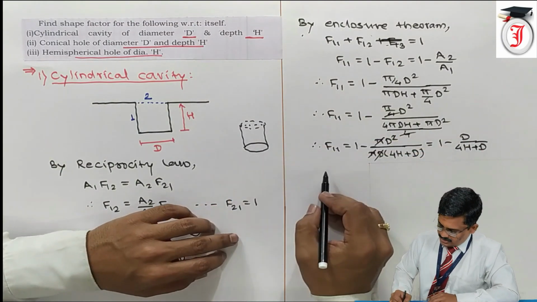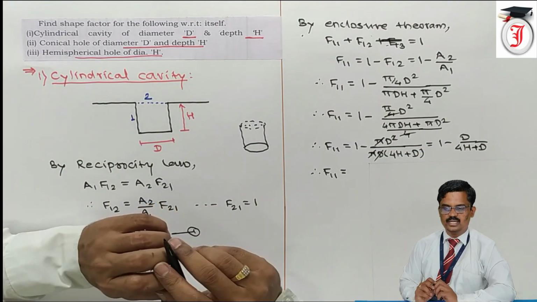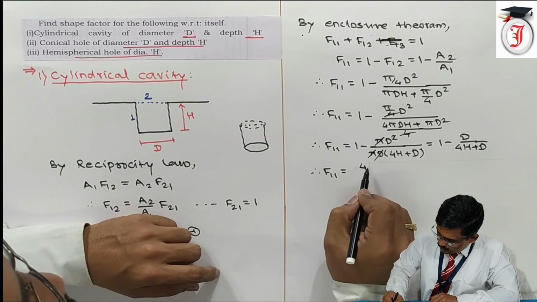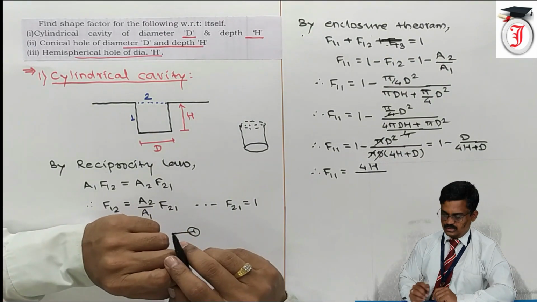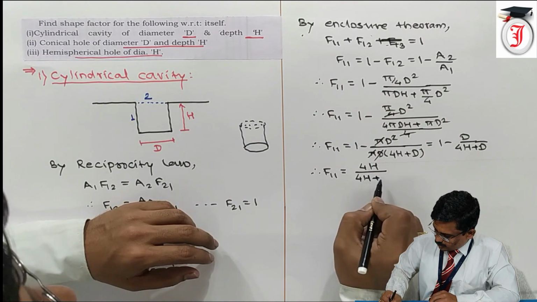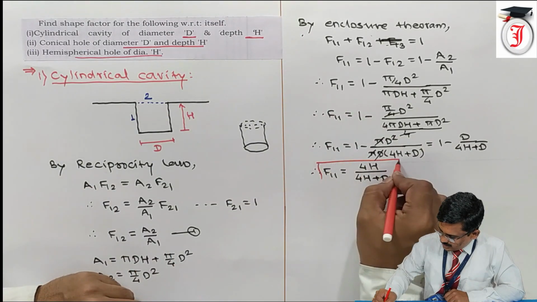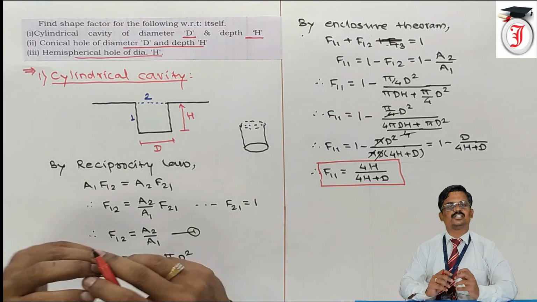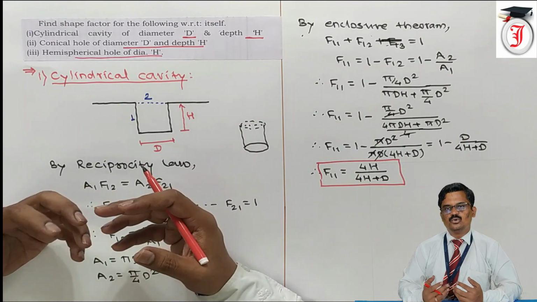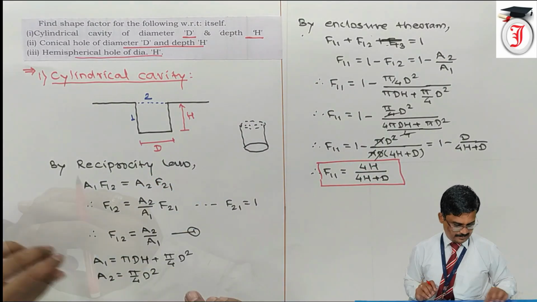By simplifying this, shape factor of 1 with respect to 1 is equal to 4h upon 4h plus d. So shape factor of cylindrical cavity with respect to itself is 4h upon 4h plus d.